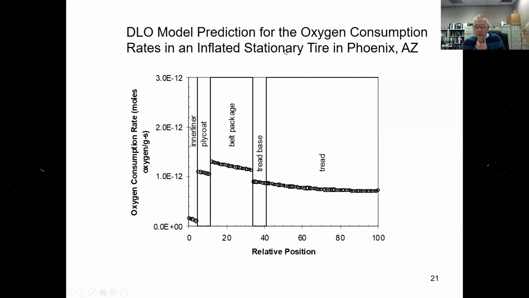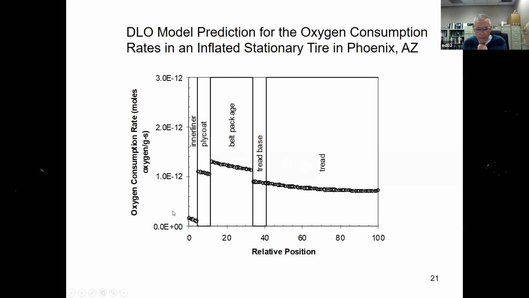And we do that twice, once for the stationary tire, and then secondly for the rotating tire. Okay, and so here we're going inner liner, ply coat, belt package, tread base, tread.